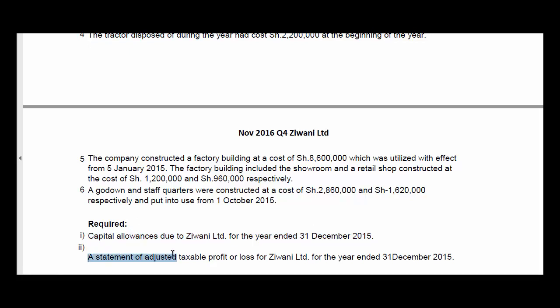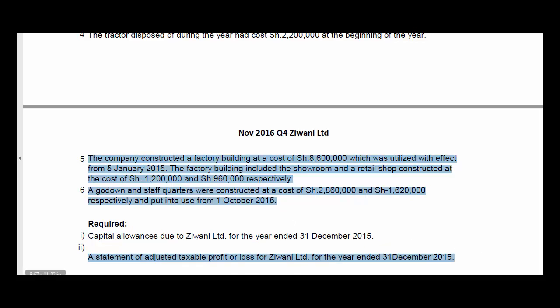Let's now solve for the second part of the question, a statement of adjusted taxable profit.